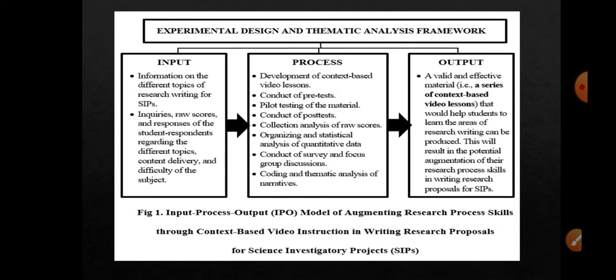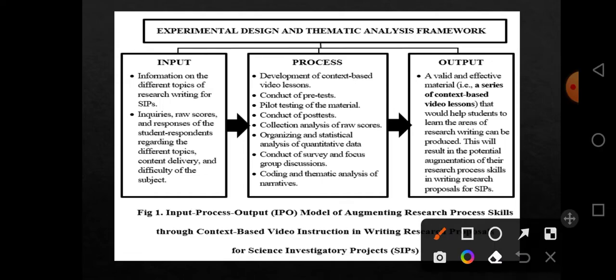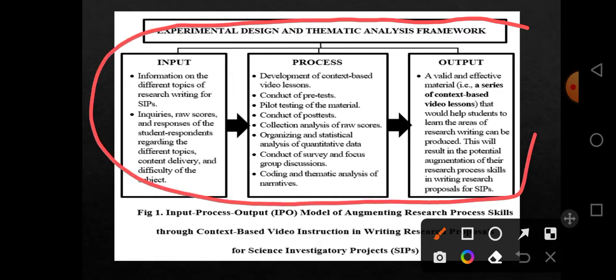After completing the figure for your IPO format, this whole thing, the umbrella term, the input, process, output, and the arrows, is known as the figure of the research paradigm. Now, after you have completed the figure of your research paradigm, we have to write the figure title.